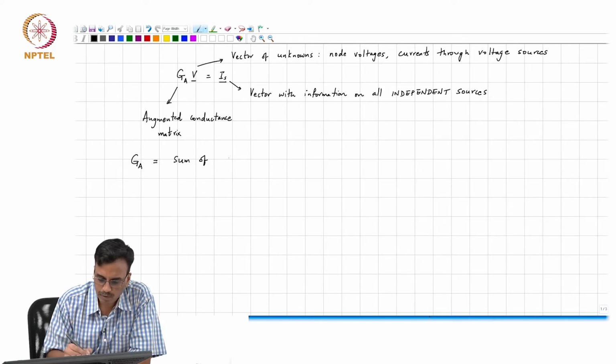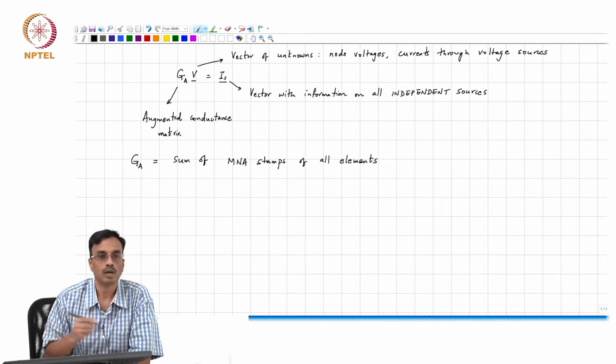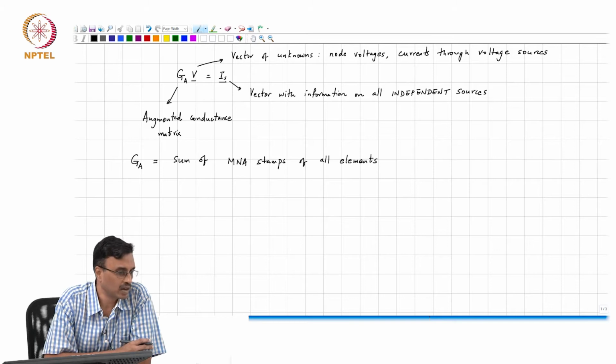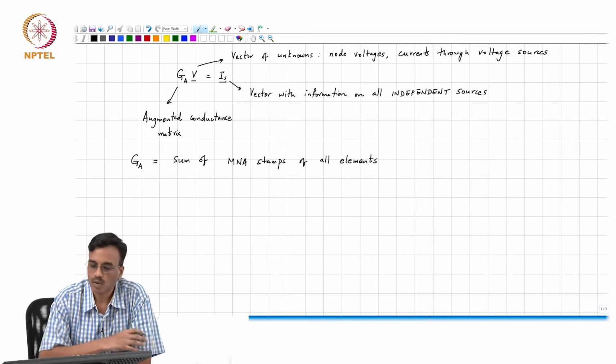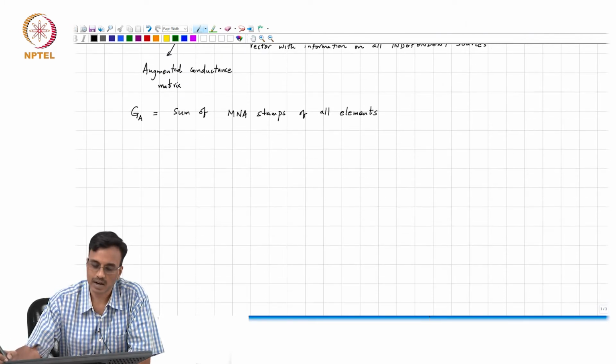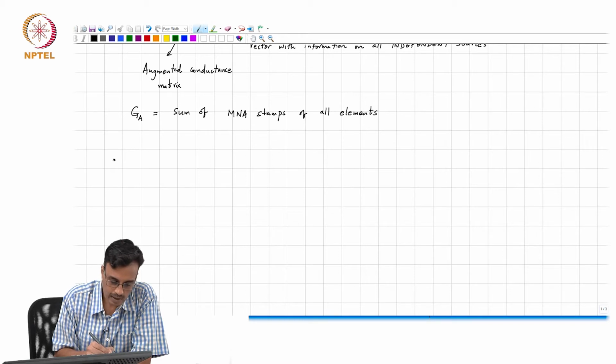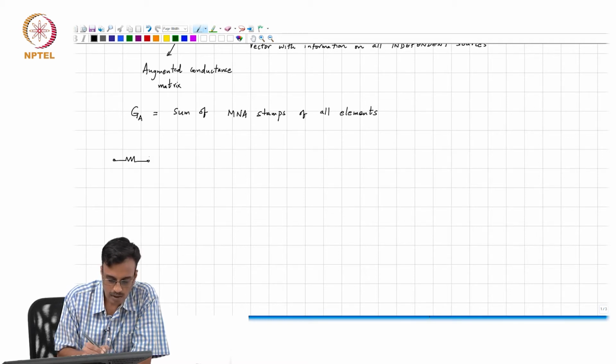It is simply the sum of the MNA stamps of all the elements. And yesterday we saw what the MNA stamp of a current source would be, of a voltage source, and of a conductance. So, let us quickly write down that stuff.